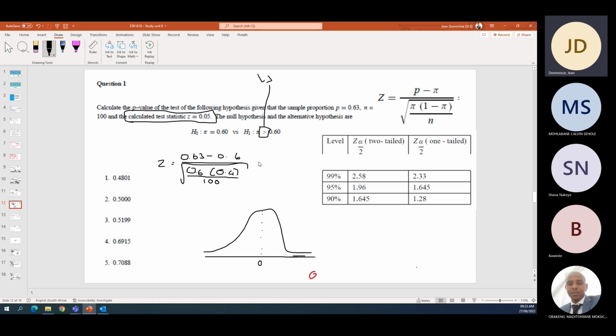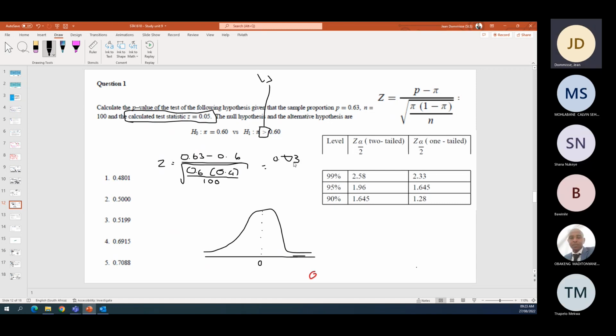Okay, so if we now calculated that, on the top it would have been 0.03. At the bottom, it would be 0.6 times 0.4. We divide it by 100. We take the square root of that.